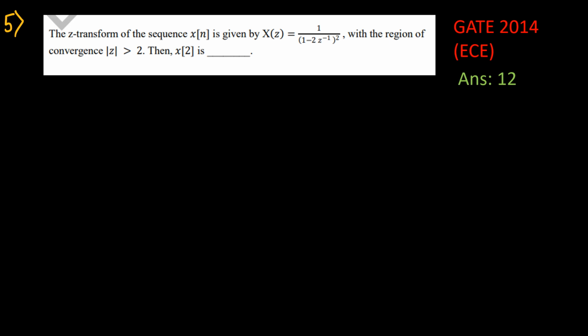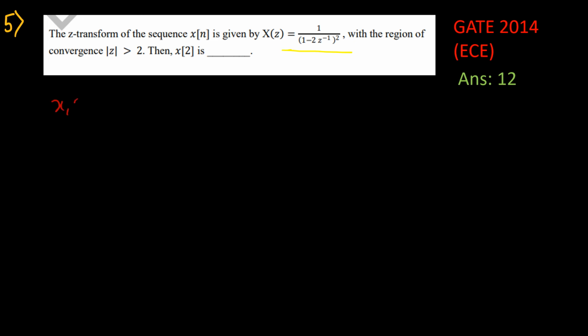Next one. Now this is a sequence x of n, one system is given, and for that X of z is given, with region of convergence mod z more than 2, and we need to find x of 2. Now look at the function here. It is 1 upon 1 minus 2 z inverse, that squared. So we'll start from this sequence.